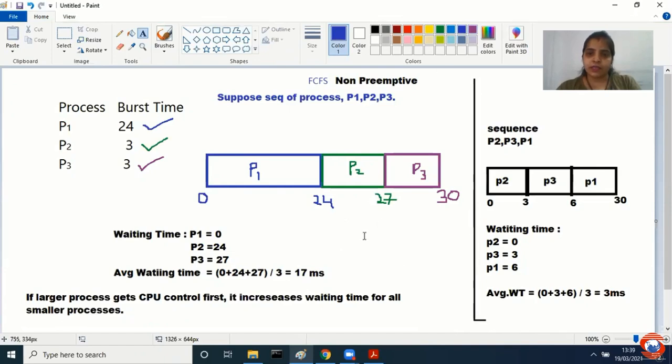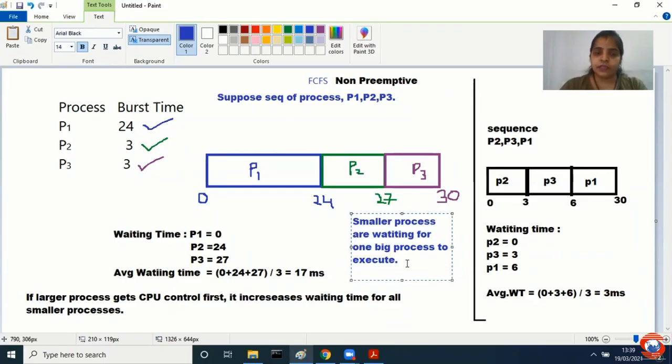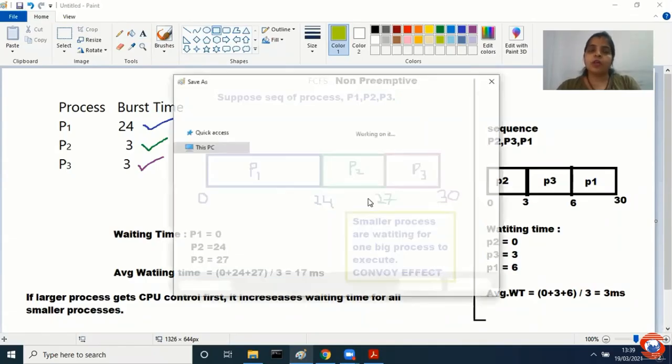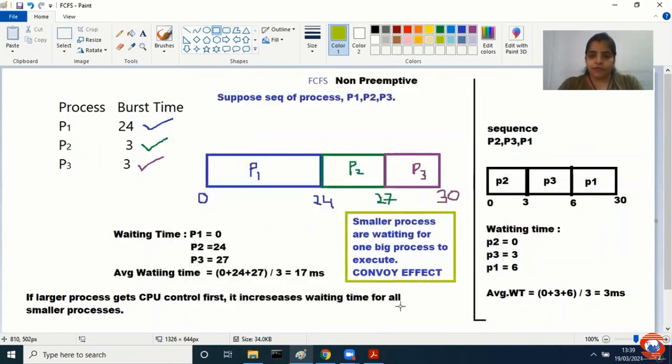Means, can I say smaller processes are waiting for one big process to execute to get the control of the processor, right? This effect is called convoy effect. What is convoy effect? अगर मेरे small processes को large processes के लिए wait करना पड़ रहा है and smaller processes are waiting for one big process to complete, then it is basically convoy effect.